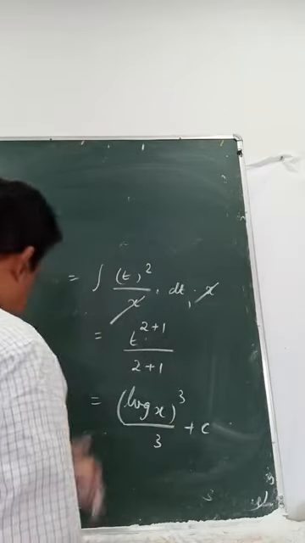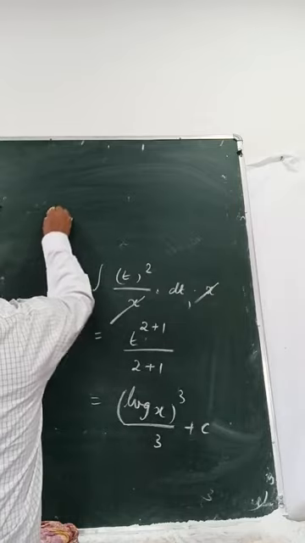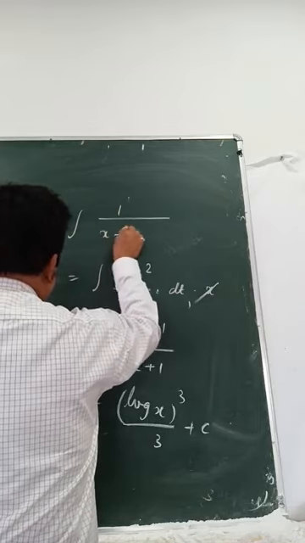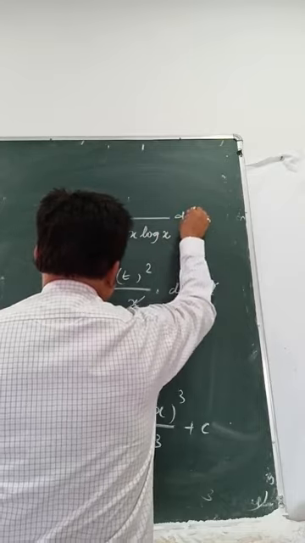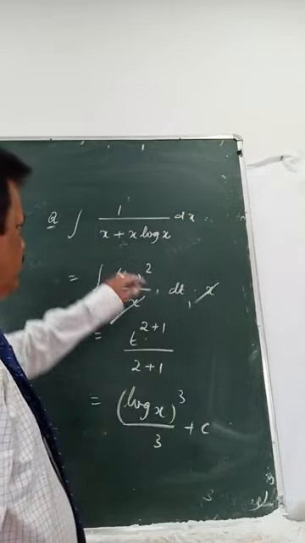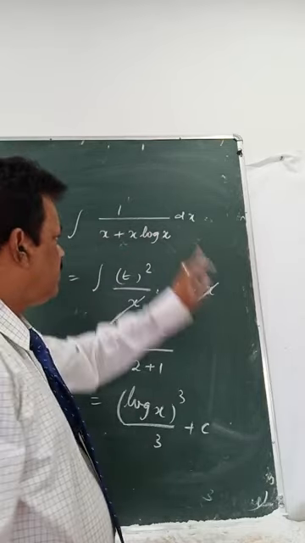Okay, let's proceed further. Suppose I have got another question here: integral of 1 by x plus x log x. This is something peculiar here, because whose derivative is which one? What substitution will I do?